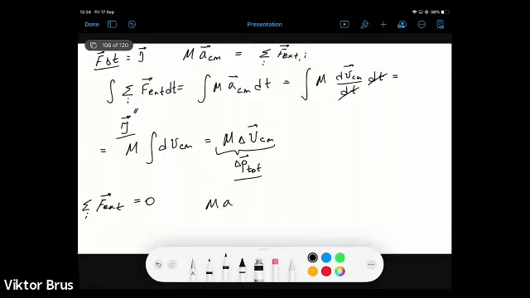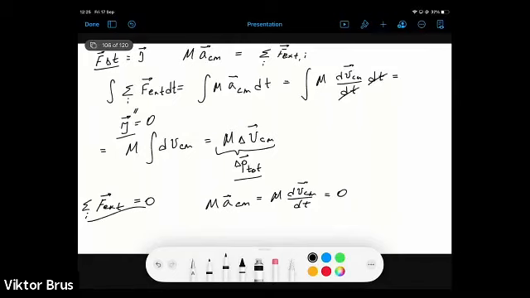So when, for instance, all external forces compensate each other, then we can write that m times the acceleration of the center of mass, defined also as a derivative of the velocity vector, dv center of mass over dt, is equal to 0. Because the impulse of the external force will be equal to 0, since the external force is equal to 0.